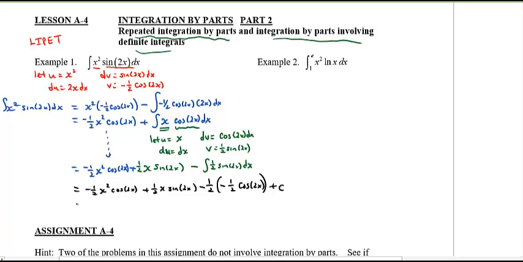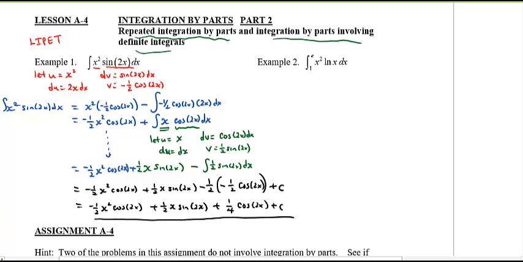So ultimately here, negative 1/2 x squared cosine of 2x plus 1/2 x sine of 2x, and then plus 1/4 of just regular cosine 2x, all plus c. There you have it, your answer to the integral of x squared times sine 2x. And like I said, if you wanted to double check this, take the derivative, and hopefully you get the same thing. Okay, alright.